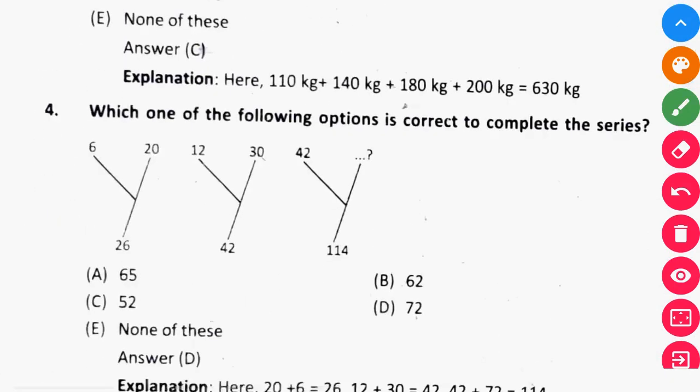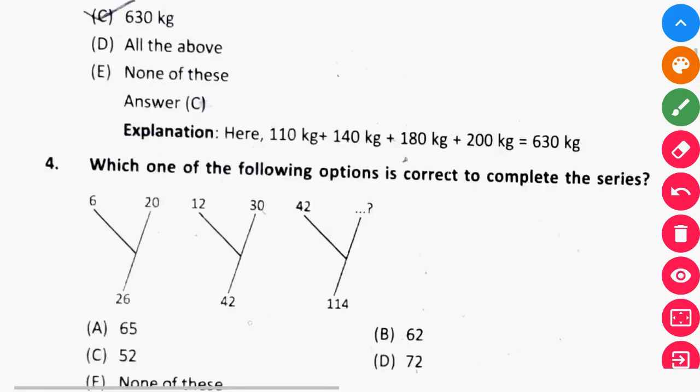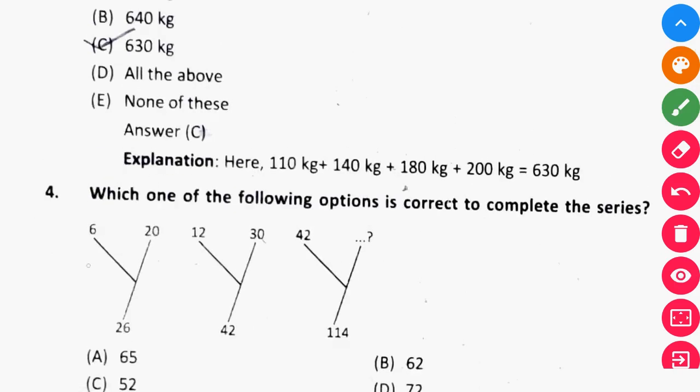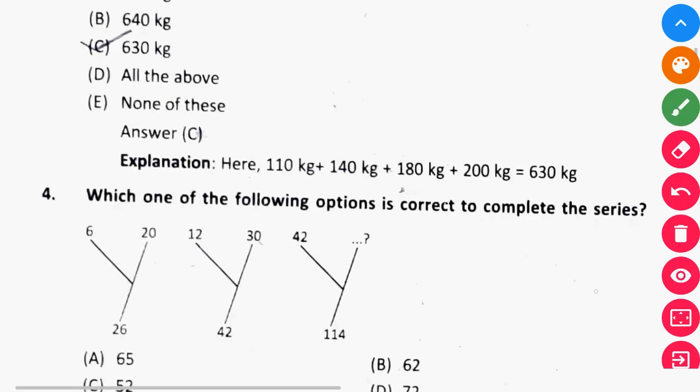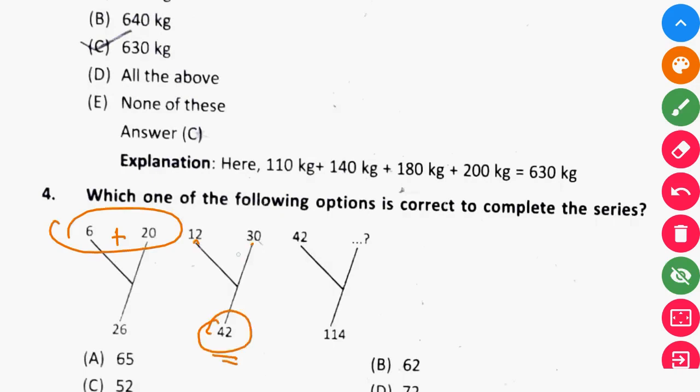Now the next one is, which one of the following options is correct to complete the series? 6, 20, 26 is there, means these two numbers are added, but we'll check the other things also and then confirm the pattern. 12 plus 30, is it 42? Yes. So this is the correct pattern. So you have to add these two numbers and you get the next number.